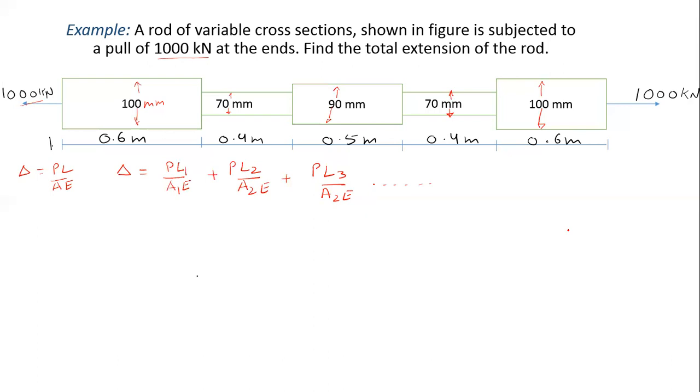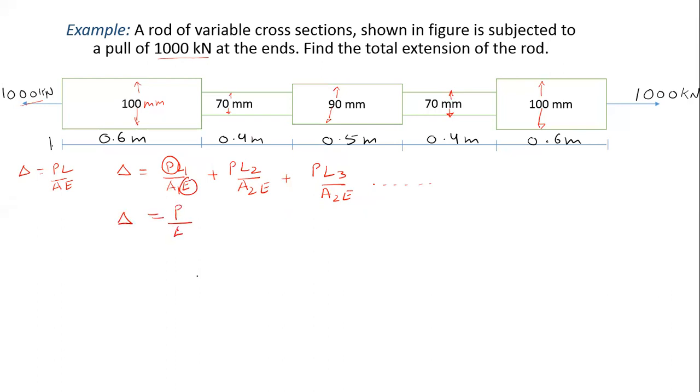As many sections as we have. Here we can divide this into 1, 2, 3, 4, 5 sections. As we can see, P is constant and E is constant, so we take P and E as common.